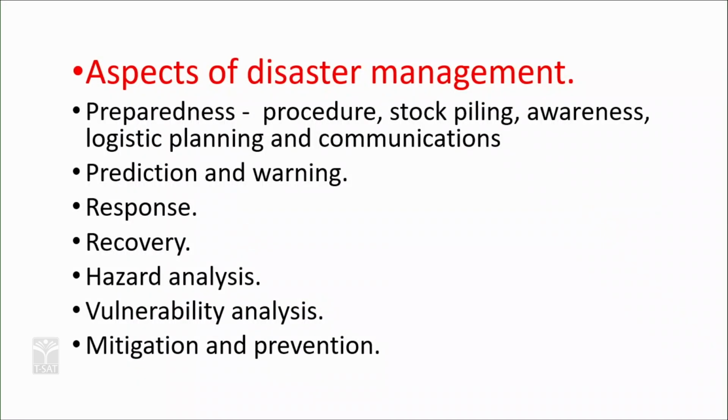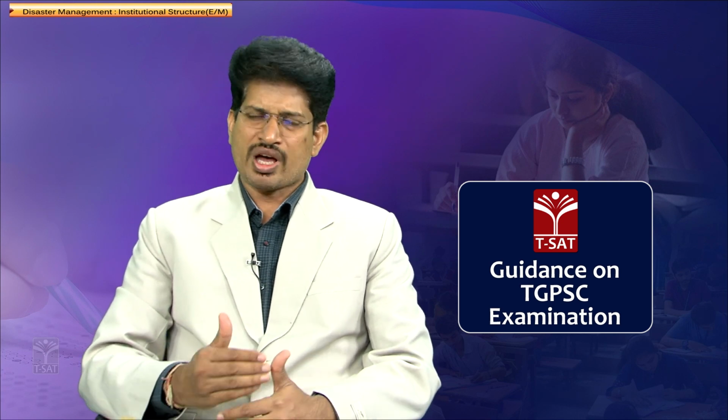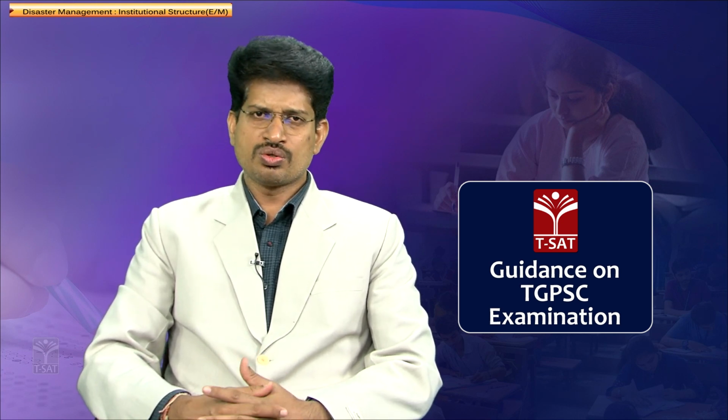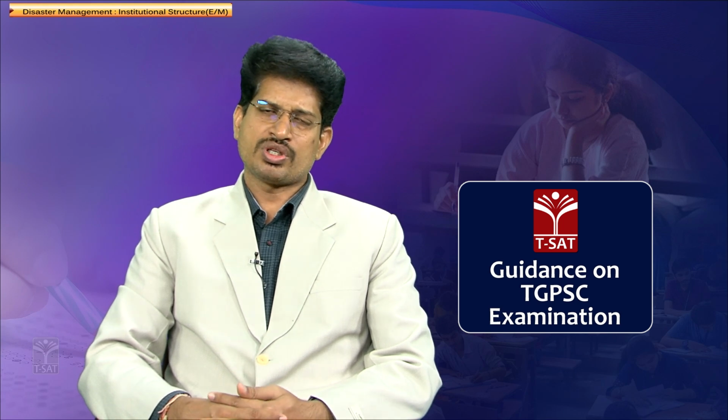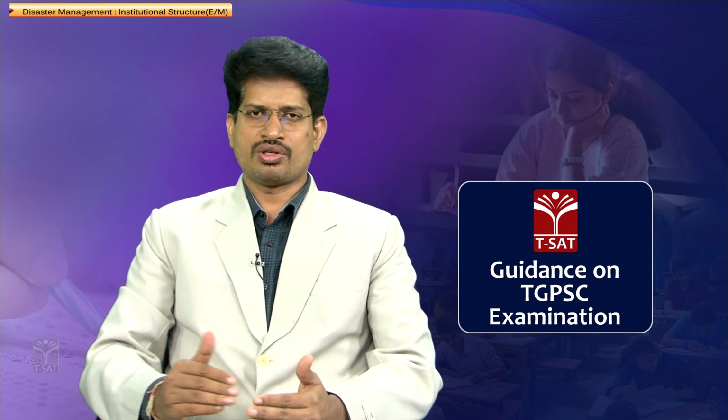And mitigation and prevention. Mitigation means reducing the impact. So the mitigative measures taken to reduce the impact vary from disaster to disaster. For example, in the case of a pandemic, the mitigative measure is vaccination.